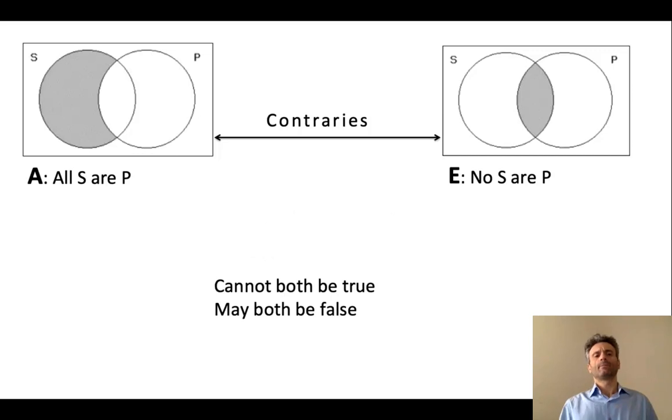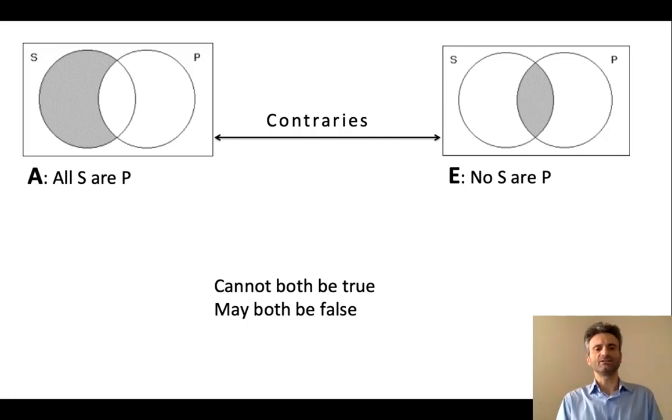These two are the proposition of the form A and the E form. The A form and the E form are contraries. Don't get confused with contradictories. Contraries cannot both be true, but may both be false.